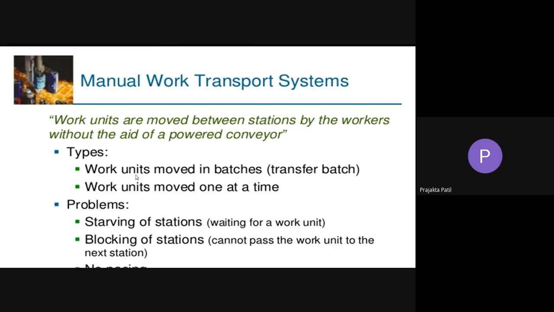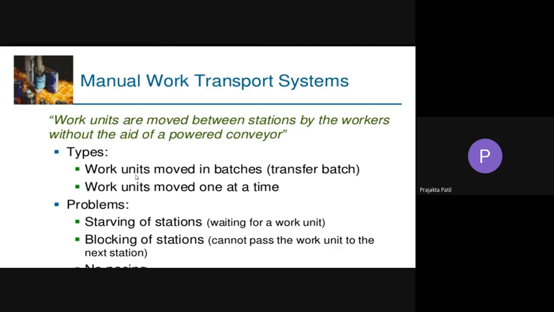I will just repeat it again. In this manual method of work transport, the units of the products that are passed from one station to another are moved by the workers themselves. As I said, there are these two problems, starving of a station or blocking of a station. What is starving?